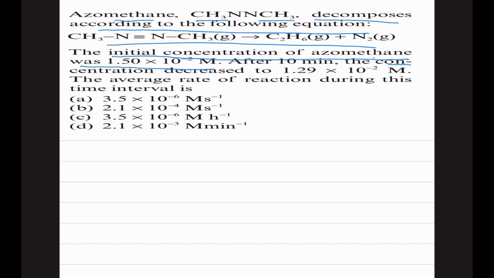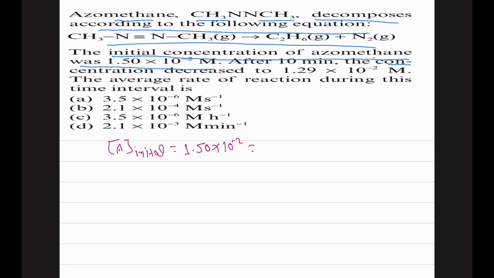So I can write the initial molar concentration of azomethane equals 1.50 into 10 to the power minus 2.